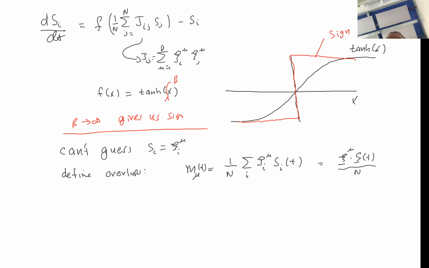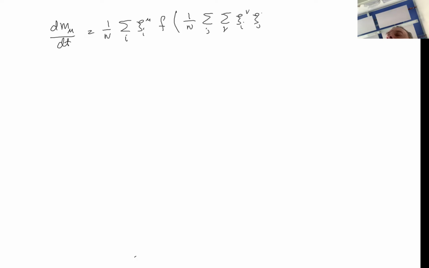So dm_mu/dt, using pretty much the same analysis as before, equals 1 over n, the sum on i of squiggle i mu times our function f of 1 over n, the sum on j, the sum on nu of squiggle i nu squiggle j nu S_j, minus m_mu.